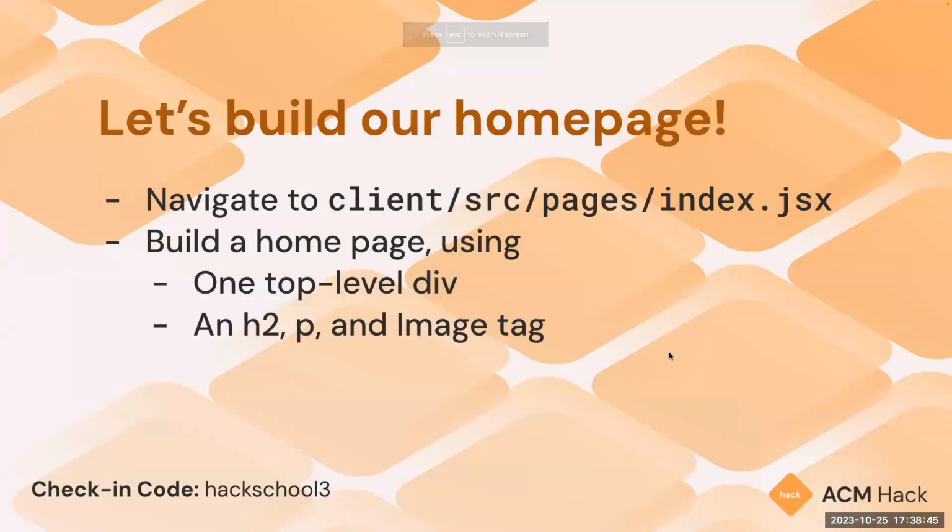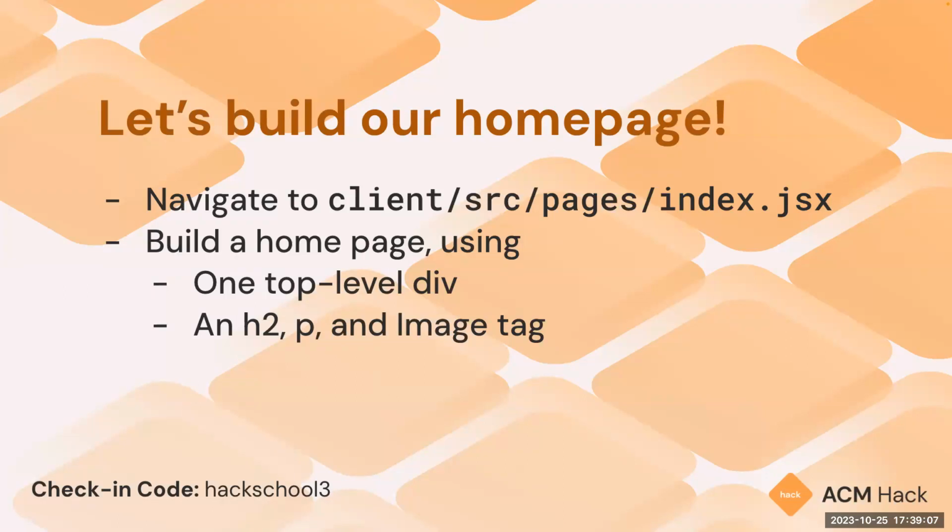All right, now that everyone's inside the client, we're gonna start building our homepage. This is gonna be the first activity, guys. You're gonna go inside the client, src, pages, and then index.js.